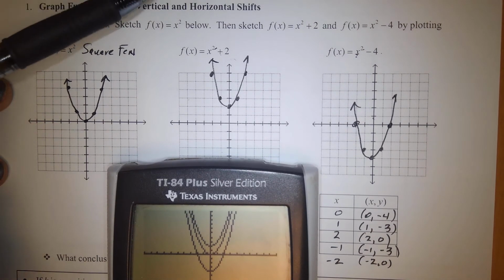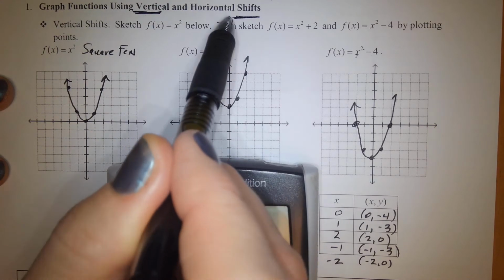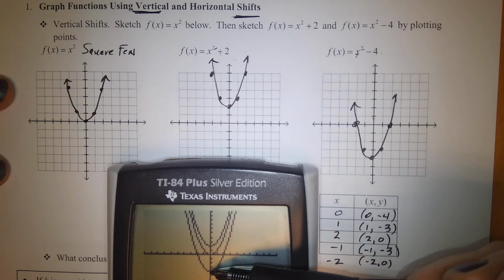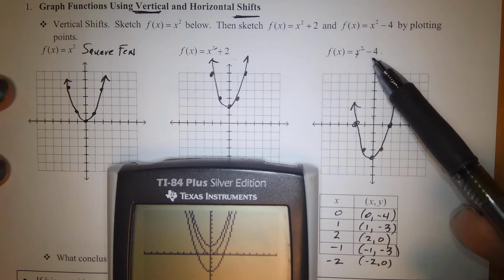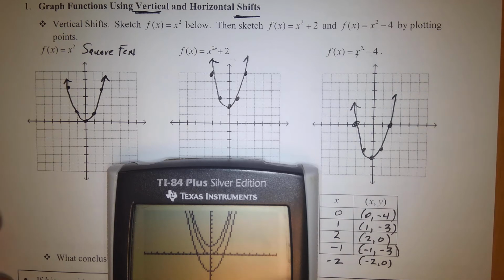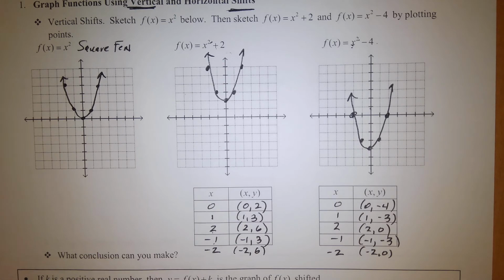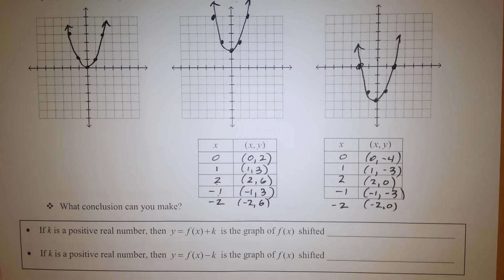This is called a vertical shift. I took the graph and shifted it either up or down based on the number that I'm adding or subtracting from the squared term. So the conclusion is that we shift these up and down.